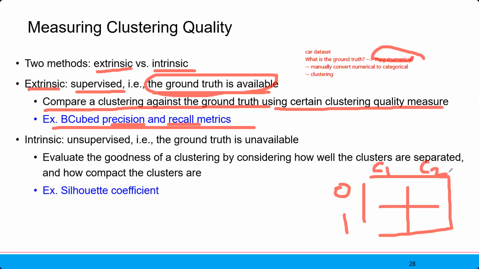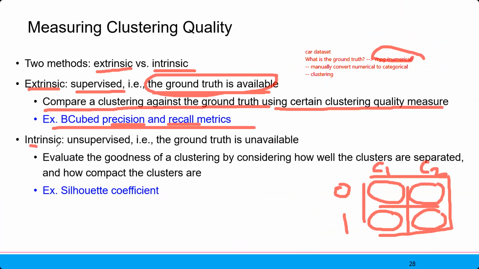You want to check if the original data is label 0 and it is in the cluster 0, how many? If it is 0 but it is in the cluster 2, how many? If it is label 1 and it is in the cluster 1, how many data are there? If it is 1 and it is in the cluster 2, how many of them? We can measure again the accuracy, precision, recall, and so on.